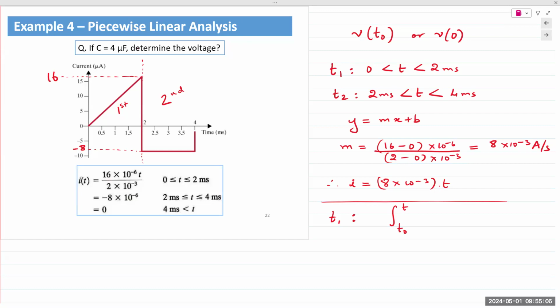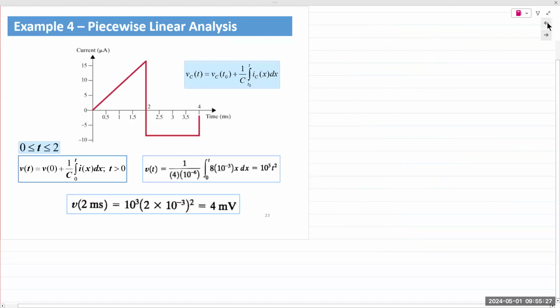So the final value should always be T. T0 for the first time period is 0 milliseconds. Voltage can simply be given by the integral of T. Let's see. I should be doing it there.